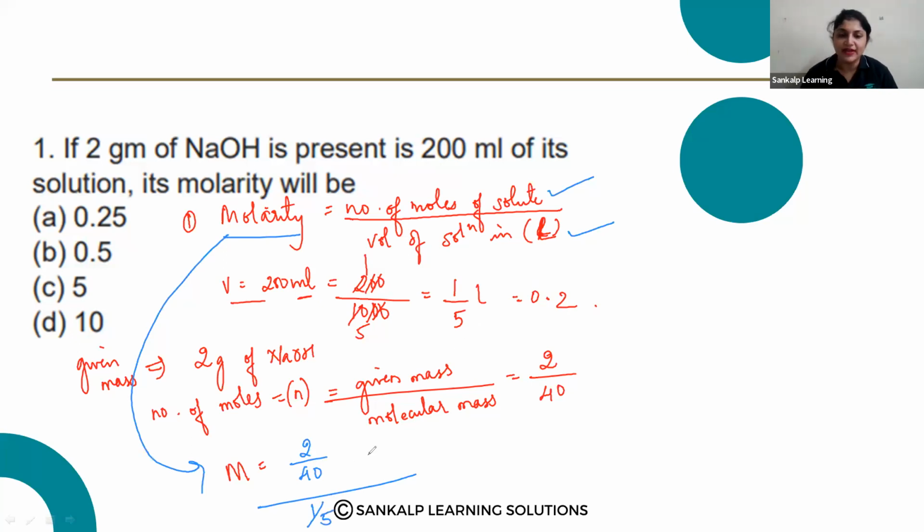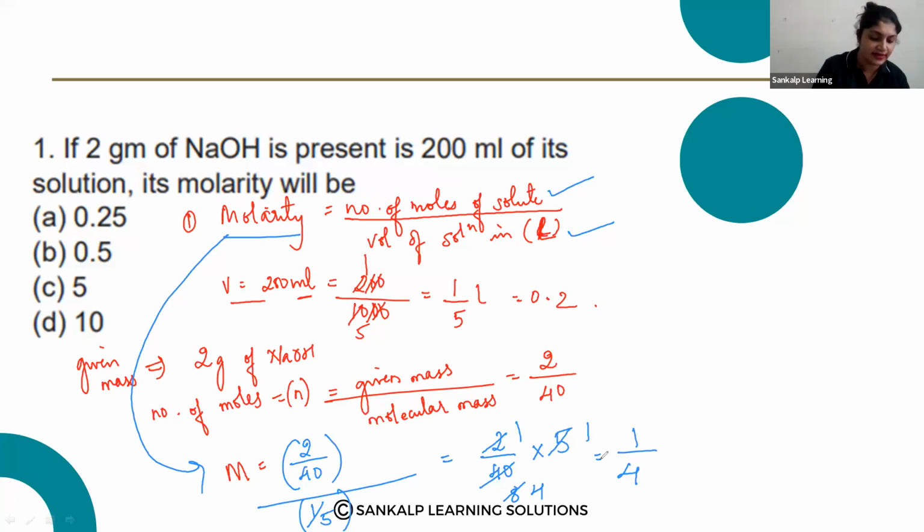I have taken 1 by 5 in fractions. So that equals 2 by 40 into 1 by 5, which becomes inverted, 5 into 5. So 5 ones are 5, 8s are 40. So 2 ones are 2, 4s are... so this is 1 by 4. So what is your answer? Just check. 1 by 4 means what?